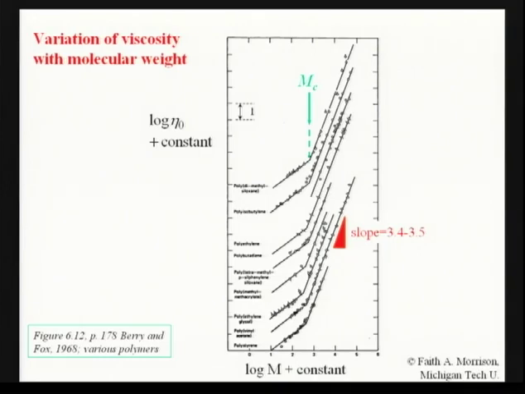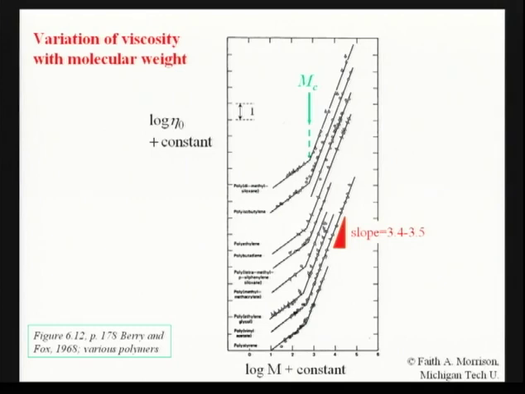This is a plot of zero shear viscosity, that plateau, as a function of molecular weight. And if you just plot that plateau as a function of molecular weight, it goes to the 3.4 power. So when you double the molecular weight, you have 2 to the 3.4 times as high viscosity, which is 10.